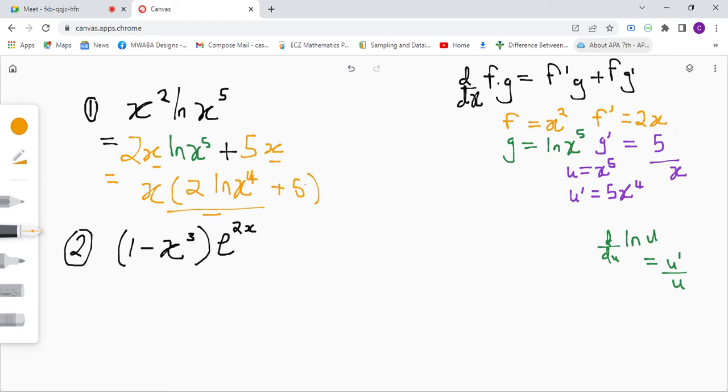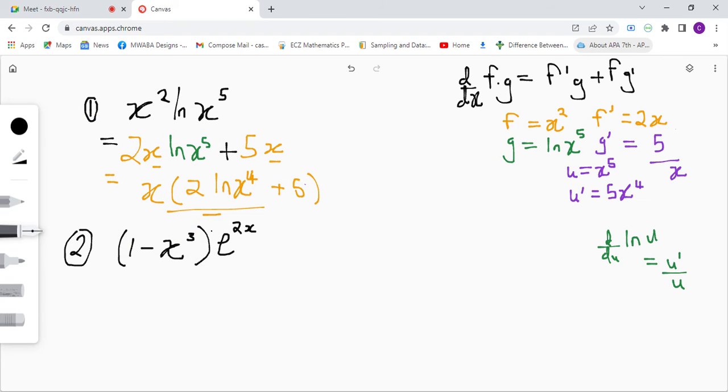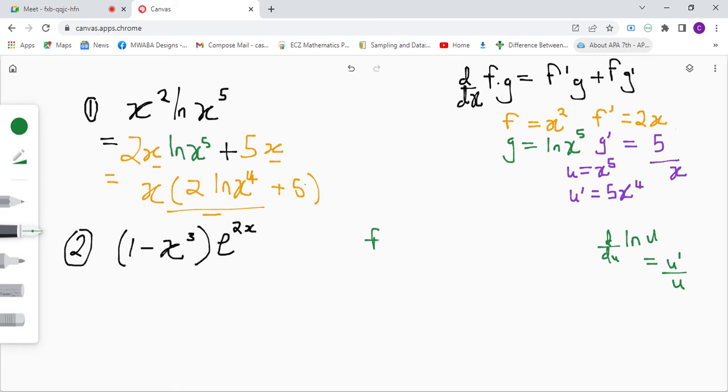We go to the second one. We've got 1 minus x cubed times e to the power 2x. We pick our f and our g. F equals 1 minus x cubed.